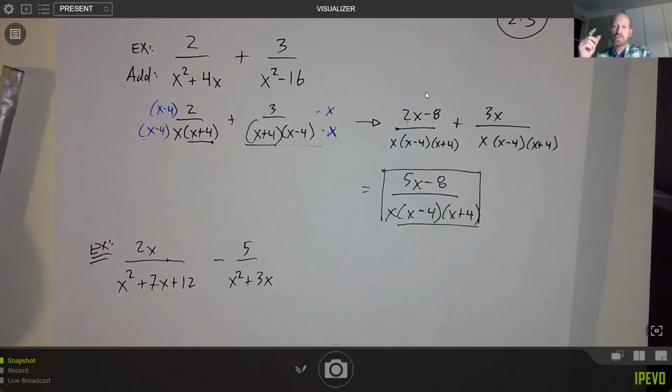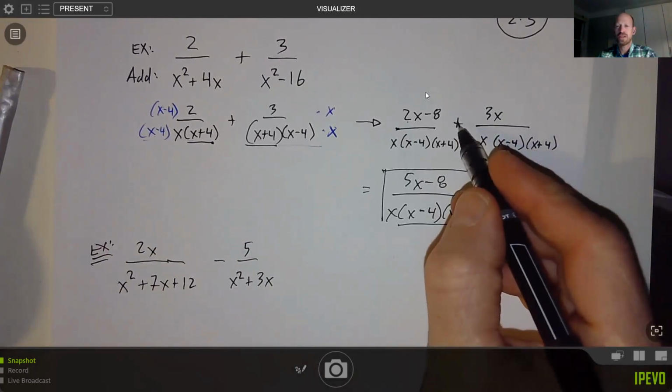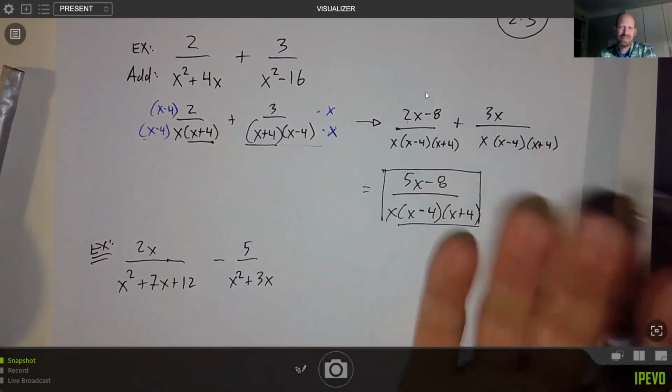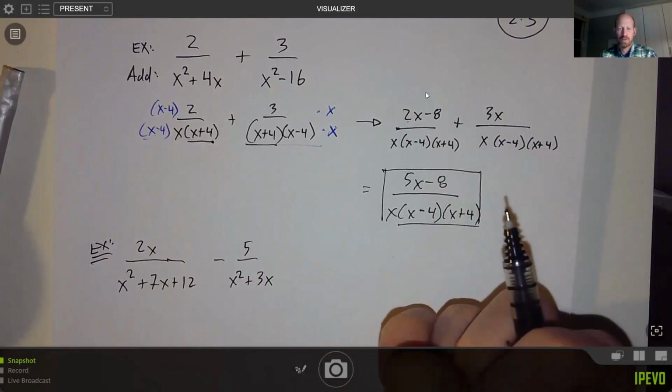Now, you should notice that this is subtraction, not addition. Turns out subtraction and addition are very similar in the same way that multiplication and division are very similar to one another. It's the same process. We need common denominators. The only difference is rather than adding the numerators together, I'm going to subtract the numerators. But really, it's the same problem.